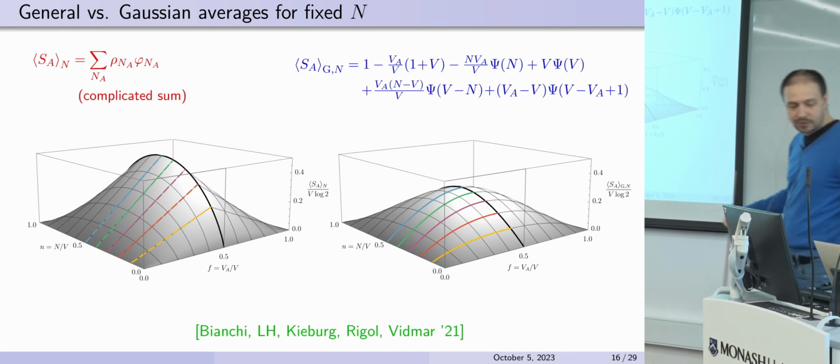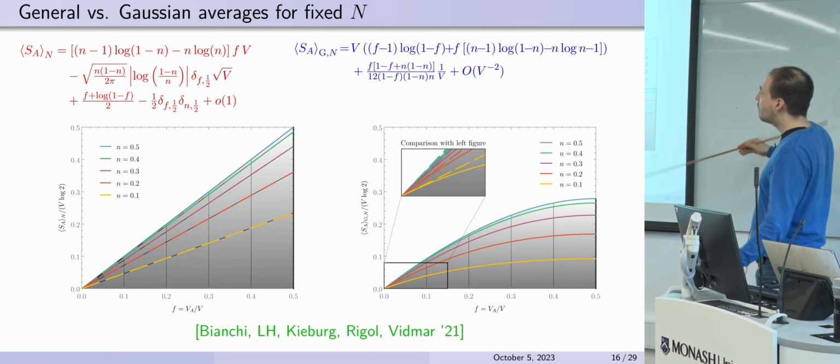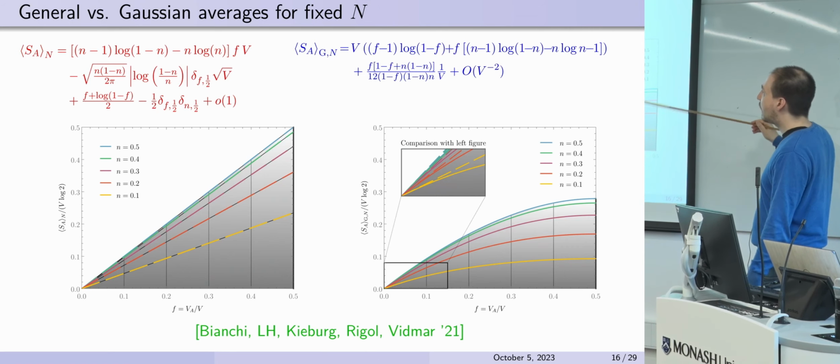for small subsystems, the two are indistinguishable. It's really at large subsystems, at half of the total system, where we can distinguish between fermionic Gaussian states and random states, both with fixed particle number.